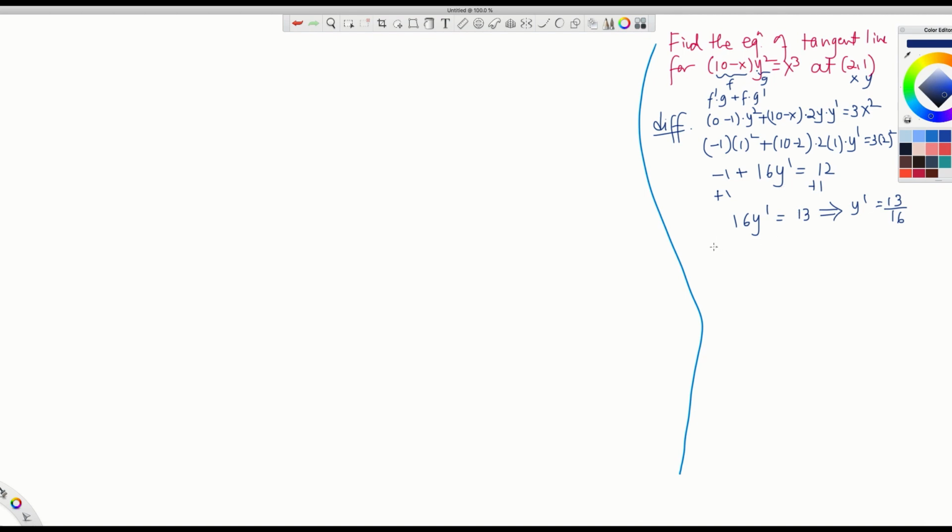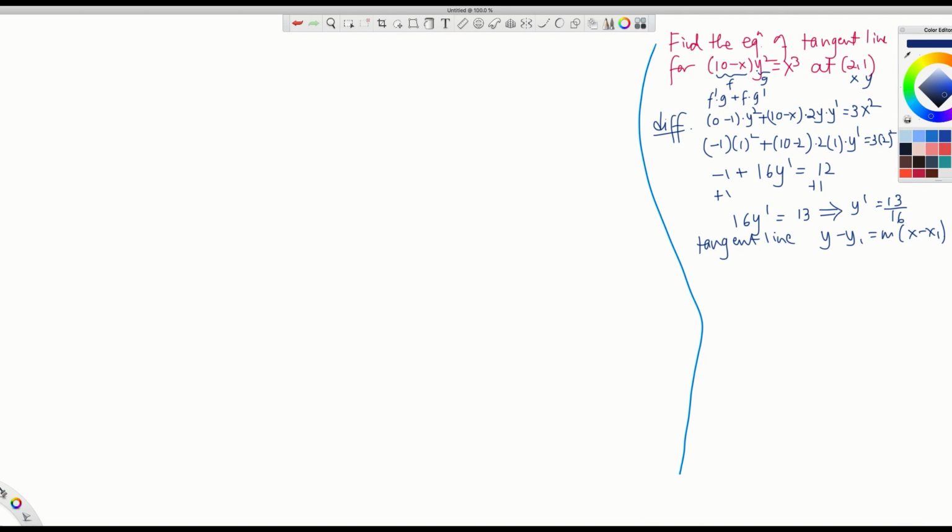Now what is the equation of the tangent line then? To find the tangent line, y prime is basically m. So y minus y1 equals m times x minus x1, this is what you use.